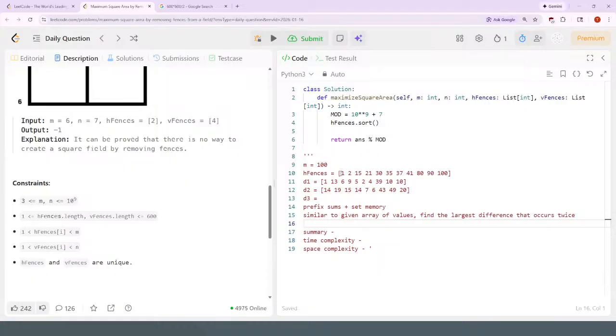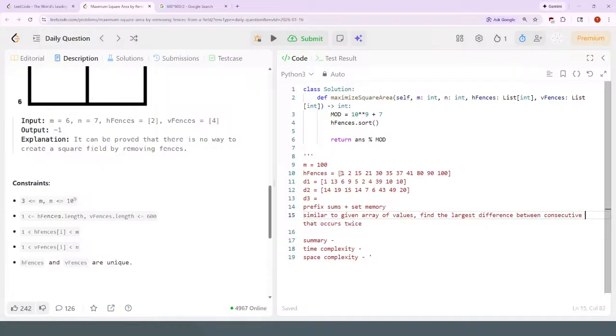And you're supposed to use a prefix array. Largest difference between consecutive values, something like that.